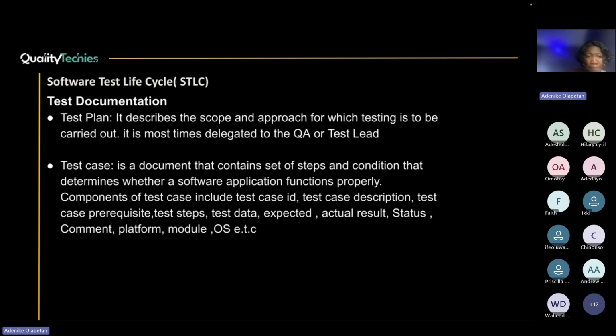So I have a definition of the test documentation here. So test plan, it describes the scope and approach for which testing is to be carried out. It is most times delegated to the QA or test lead for the project or for the product. So it is expected that the QA lead or the test lead is the one that is responsible for writing test plan.